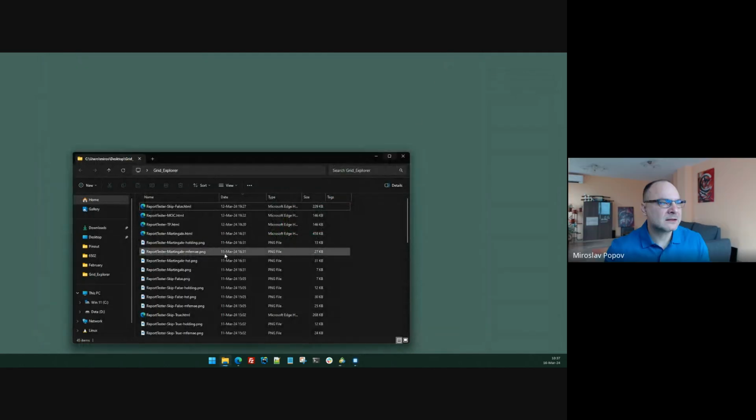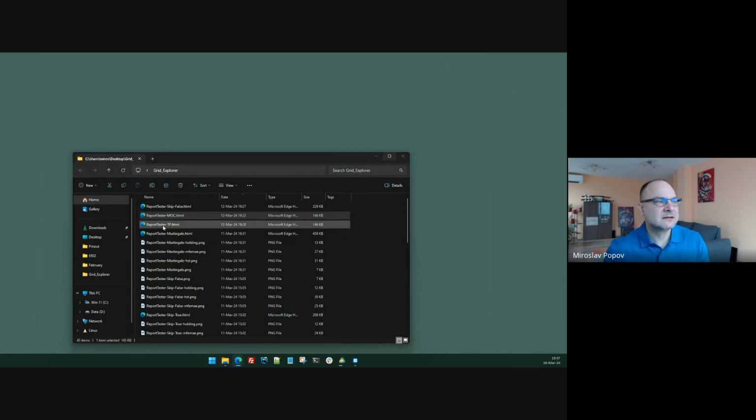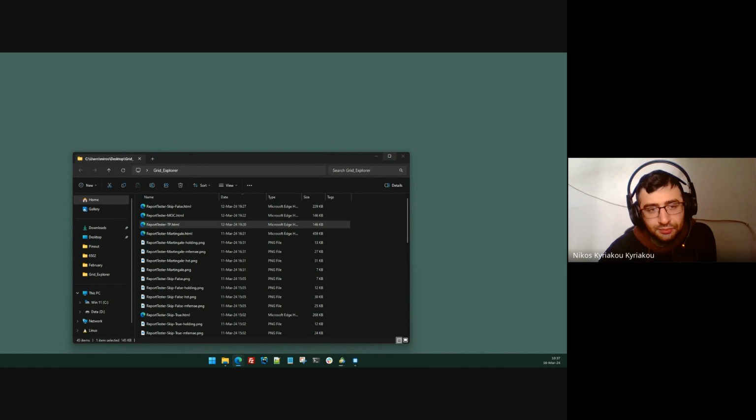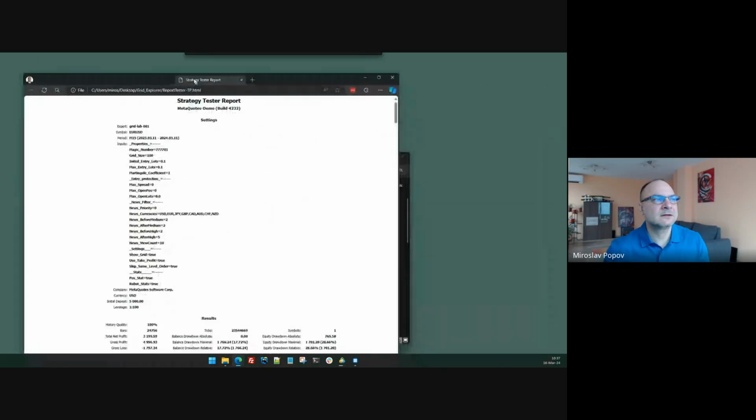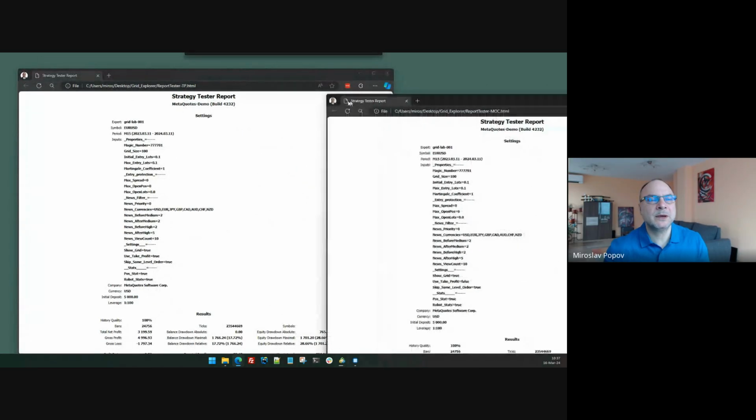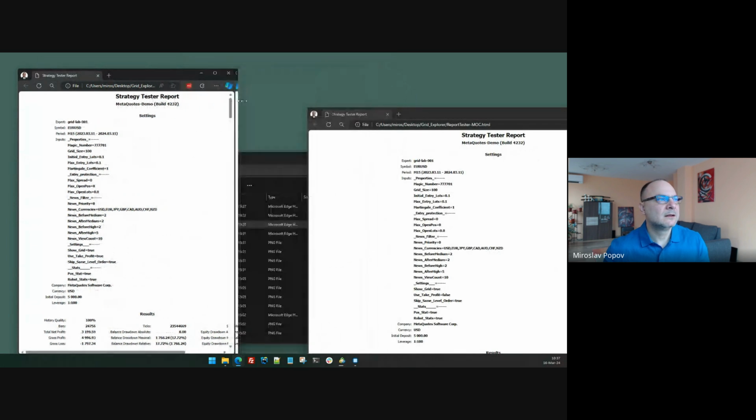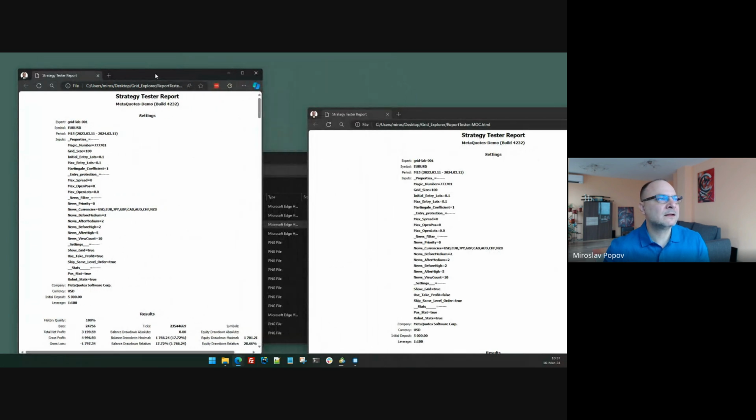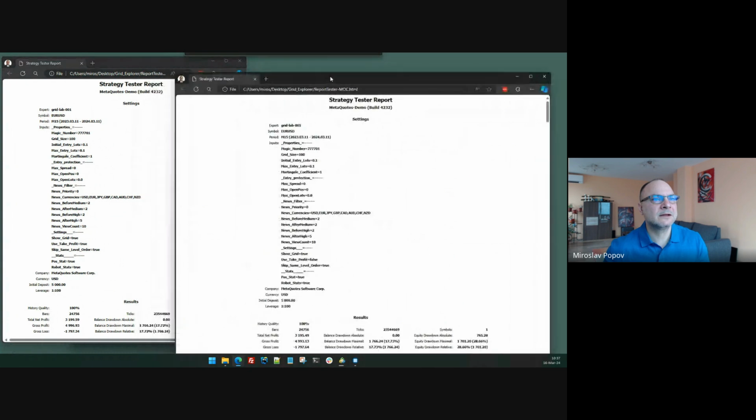I open my test. Here is market order close, and here is the take profit close. I'll bring this here to compare. The left one is take profit, and the right one is market order.